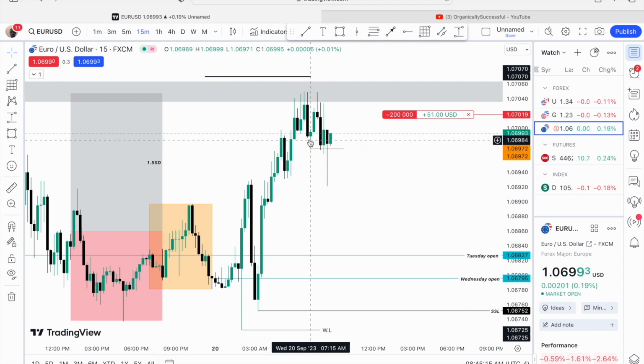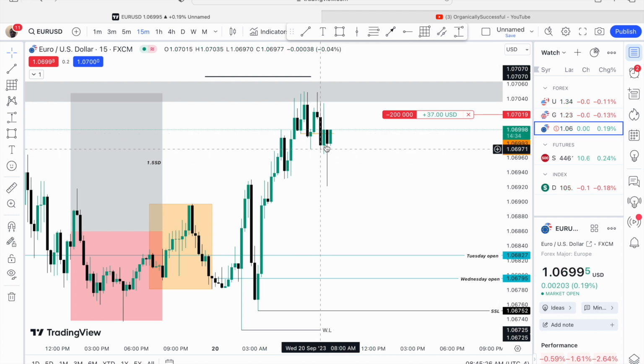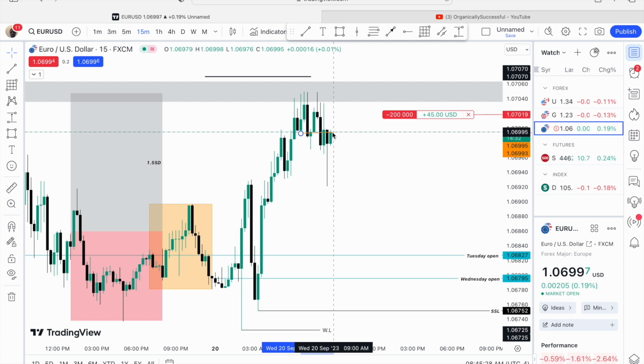Wait, that was the wrong one. The last low to high that repelled price. So this would be this one here. This one here. I used to do this, like here.